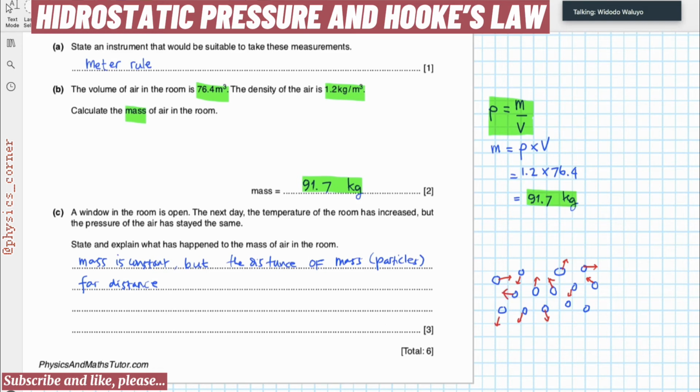So if they have more temperature, or the temperature of the room has increased, the velocity of the particles increases too. So the distance between particles is farther.